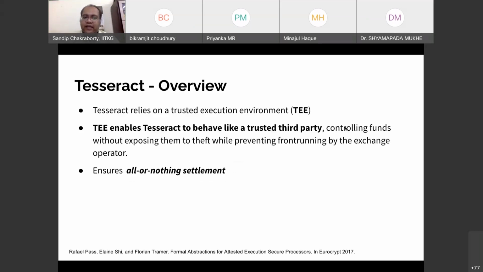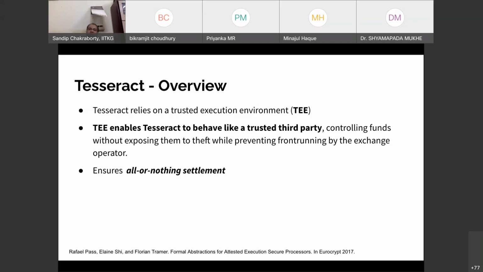So what actually happens is that Tesseract takes help of one hardware component that is called a trusted execution environment, or TEE. A TEE is basically a hardware component that provides secure execution of certain instructions. For a few of you who do not know about TEE, I think you have heard about Intel SGX or Intel secure computing platform.